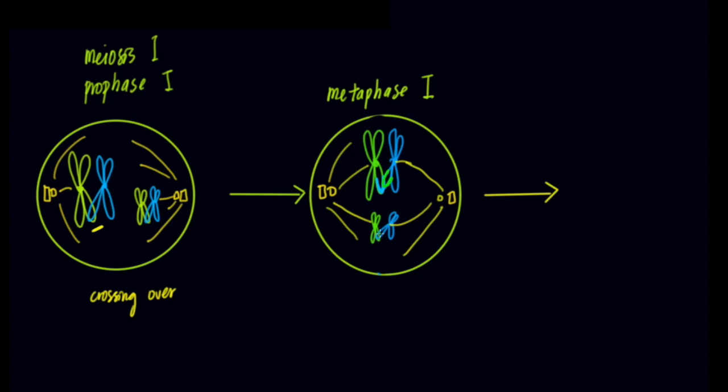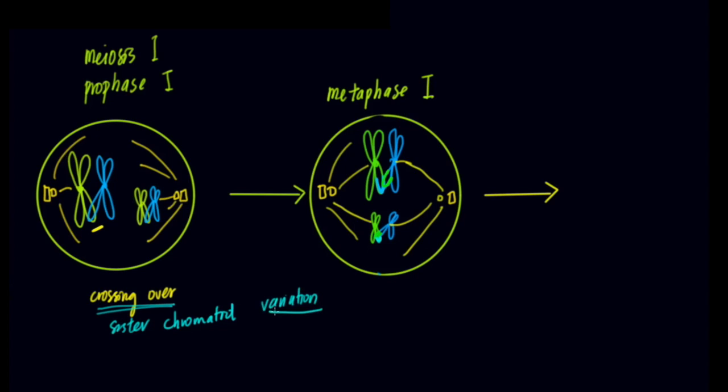The same applies for the smaller chromosome. You may not be able to see it very clearly, but later when they split up, I will draw again. So that is prophase 1. The key thing is crossing over between chromatids, and it's not the whole section, it's just small sections. This causes variation.